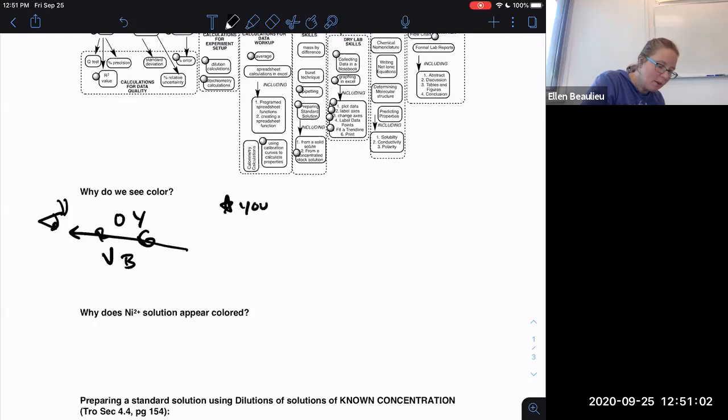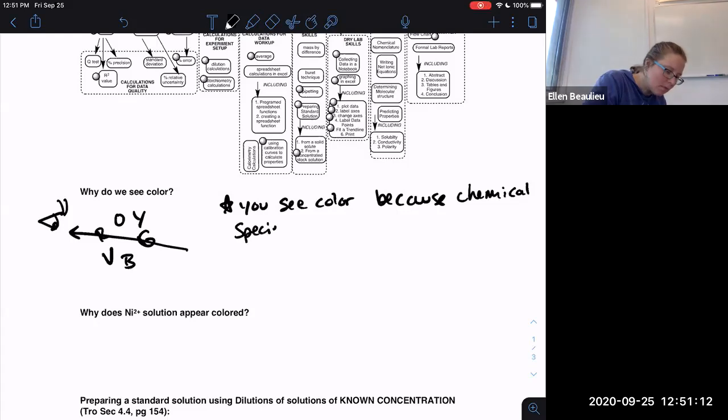You see color because chemical species absorb certain wavelengths of light.